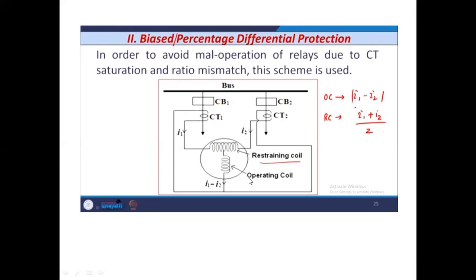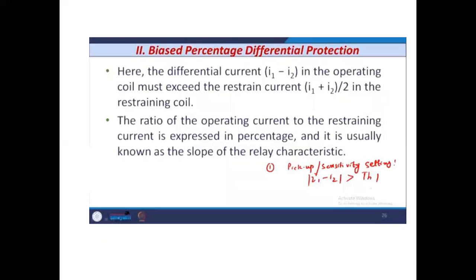So there are two types of setting available, as I explained in the case of the generator and the transformer. The first setting is the pickup setting, or the sensitivity setting. This setting is nothing but I1 minus I2.